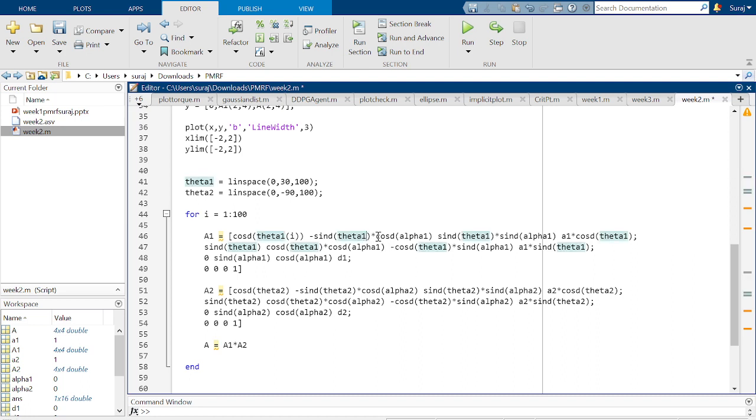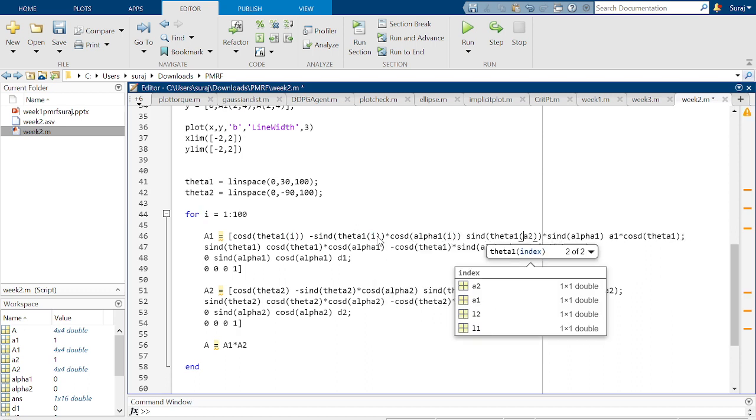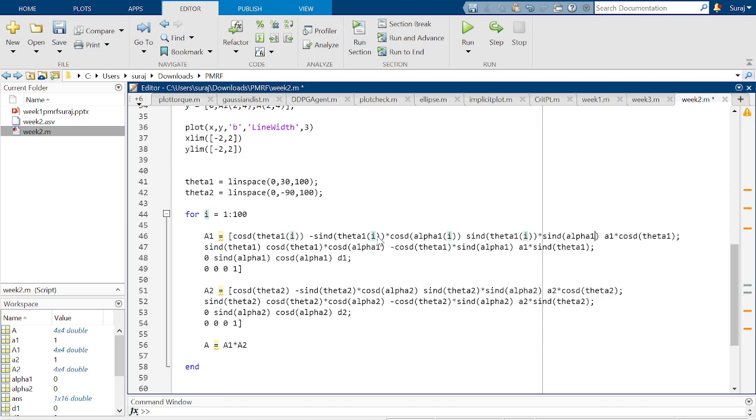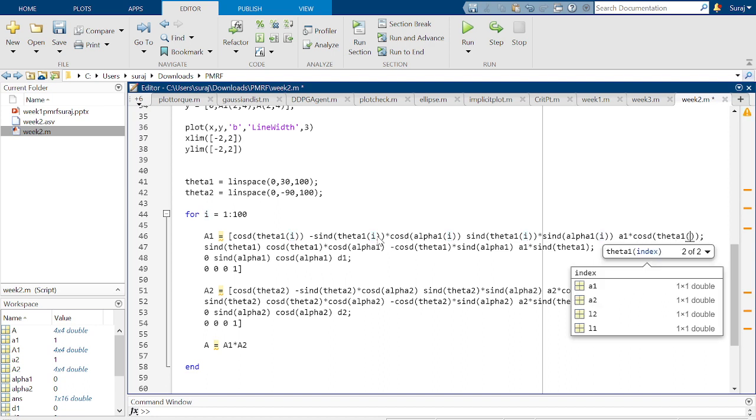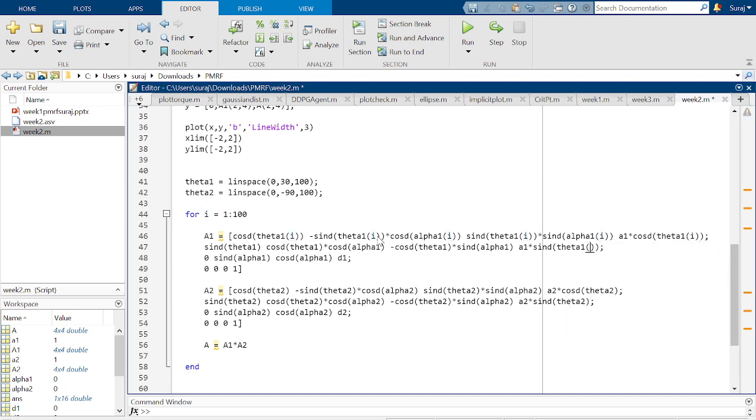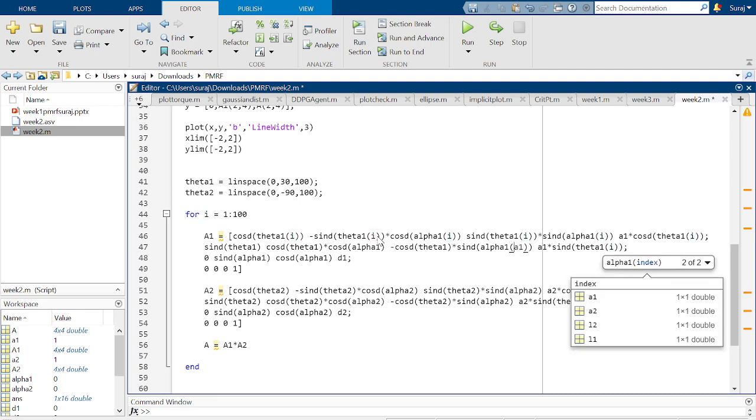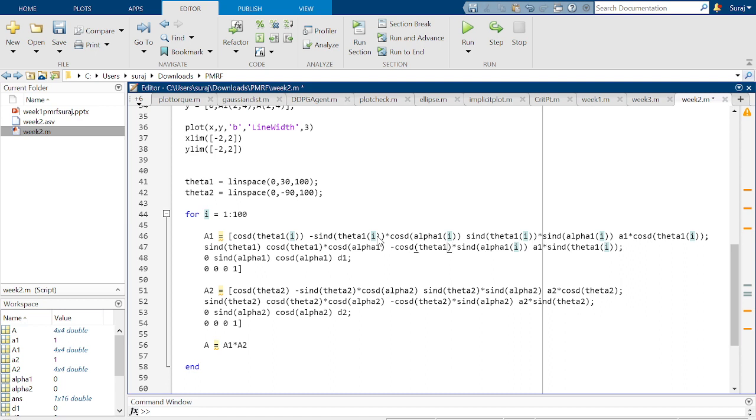In order to do that, I have to put i everywhere. The better way would have been to use a function, but here we can do that next time, when we do a more interesting case of inverse kinematics.